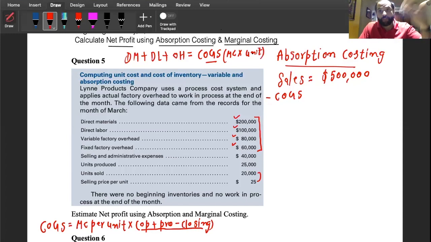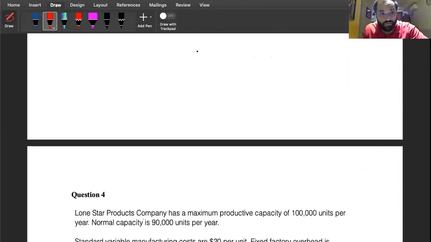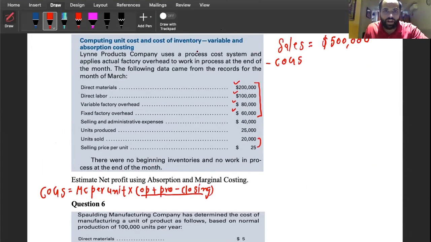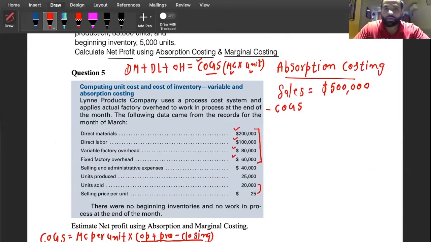In the questions we practiced before, question 1 to question 4, we calculated this number and this number to find this number, because it was not given in the previous questions. But in this question the total cost of goods sold is given, so you don't have to find manufacturing cost per unit or units.